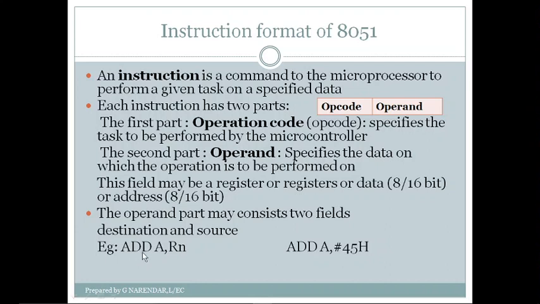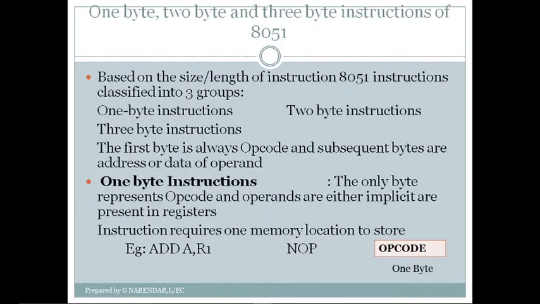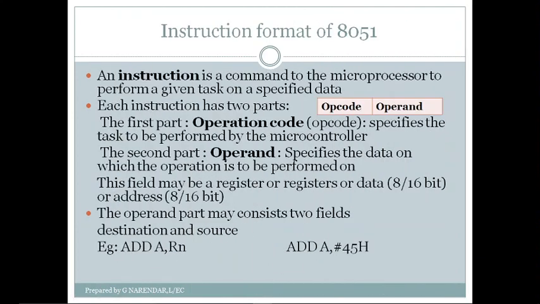So we'll take an instruction example: ADD. ADD is a mnemonic for the operation addition. So ADD A, Rn. This is the total instruction, and this instruction can be broken into two parts.